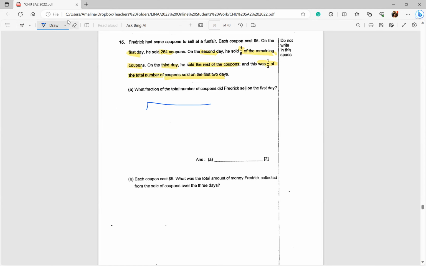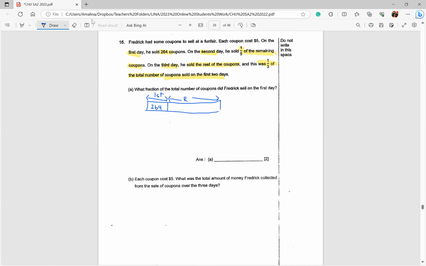I will cut off 264 for the first day, and you can put this as first. Then this is my remainder. R stands for the remainder.